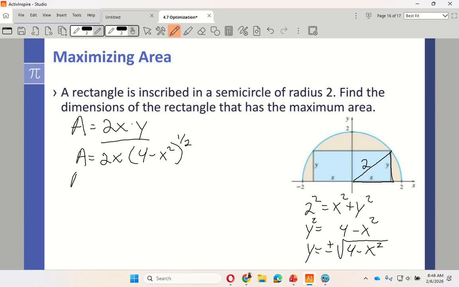So A prime is equal to 2 times (4 minus x squared) to the 1/2 plus 2x times 1/2 (4 minus x squared) to the negative 1/2 times the derivative of the inside, which is going to give me a negative 2x.